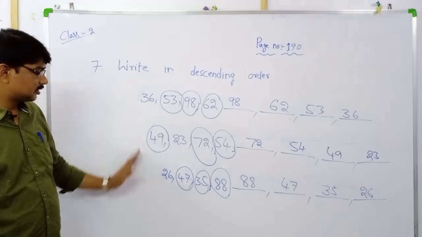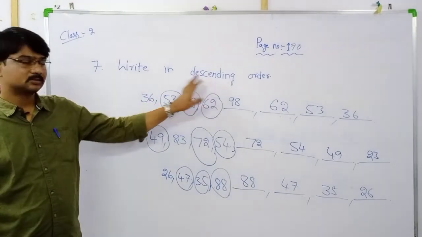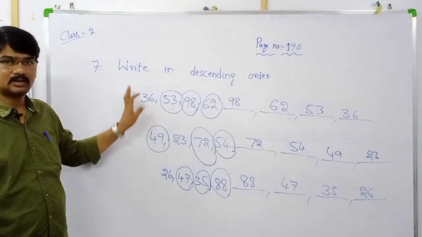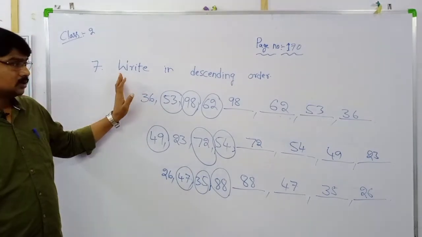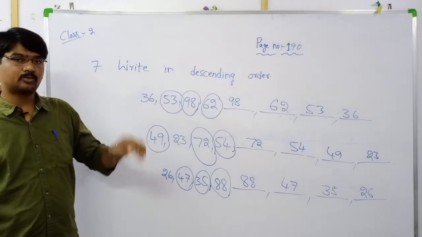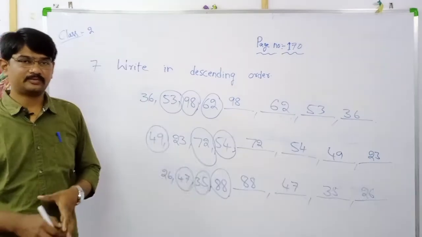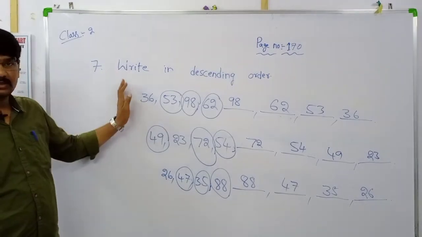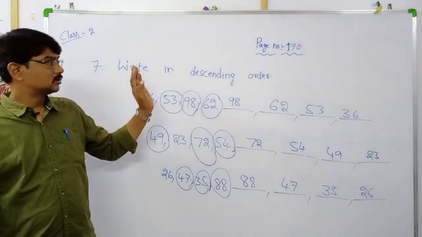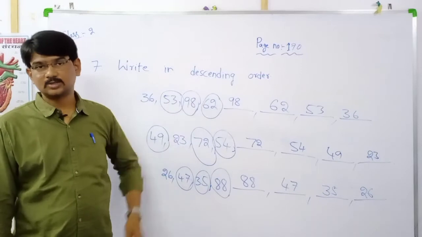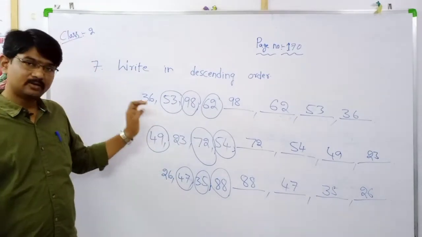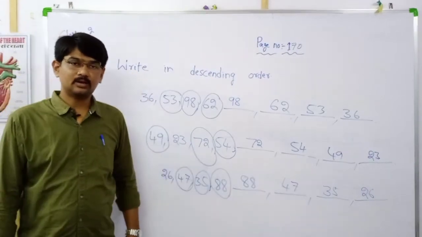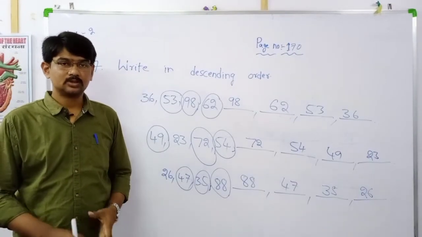Already about this topic, I have given 3 examples and solved them for you. Do the 2 problems yourself. All the examples and the problems given in your textbook, write in your classwork, and at the same time do them in your homework notebook also.